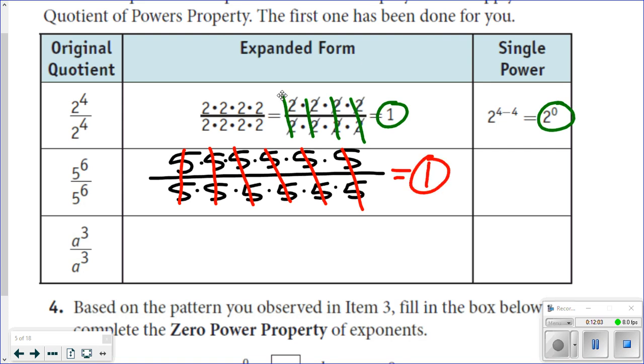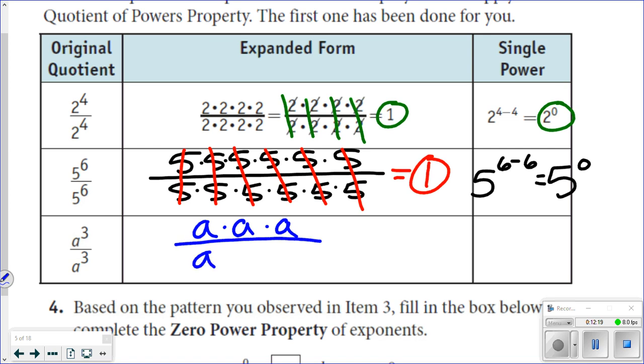But think about keeping the base, which is 5, and 6 minus 6 is 0. These all cancel, so it equals 1, but 3 minus 3 is 0.